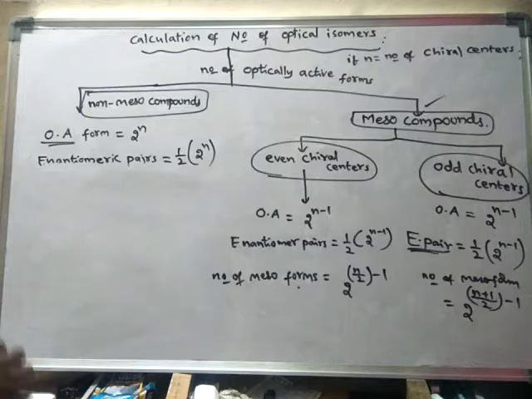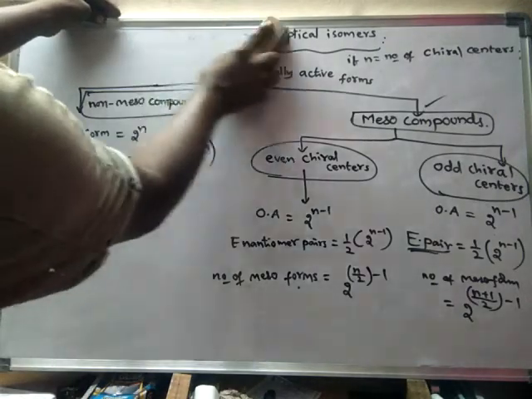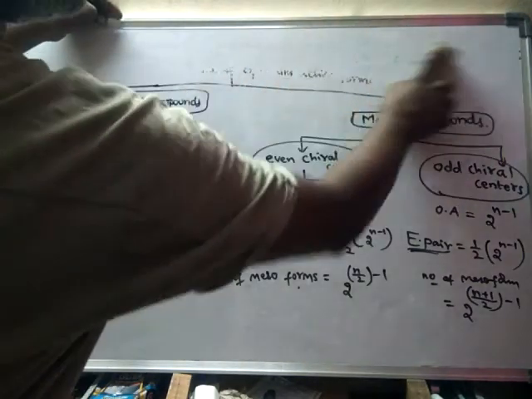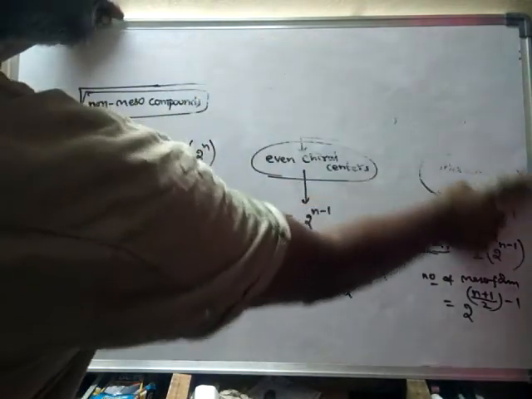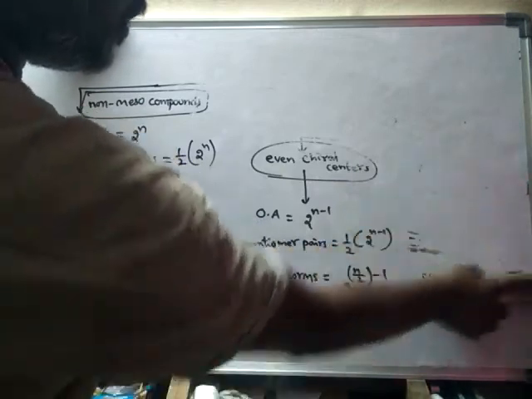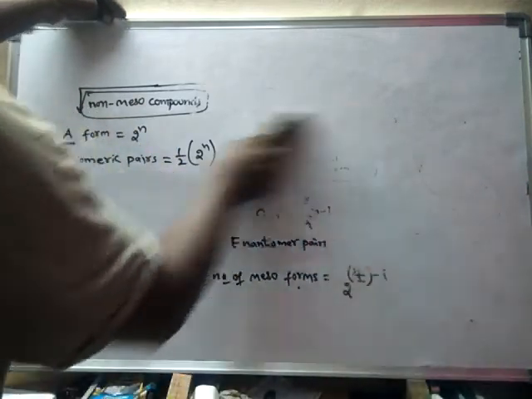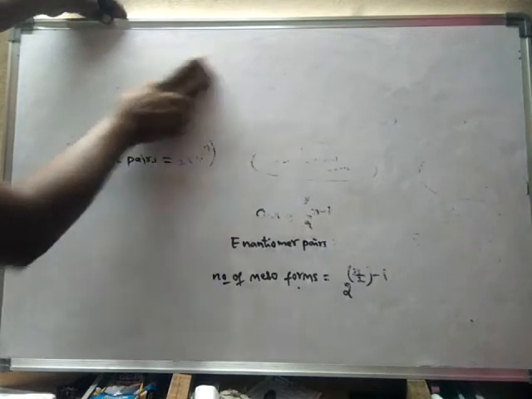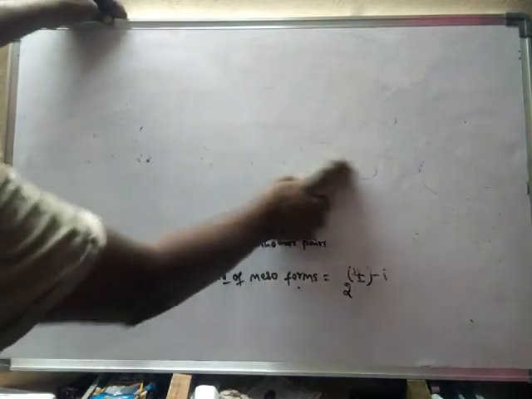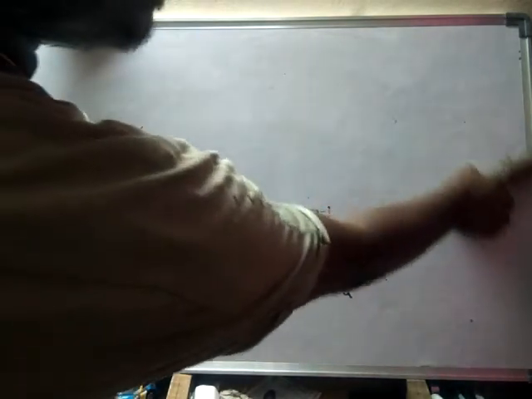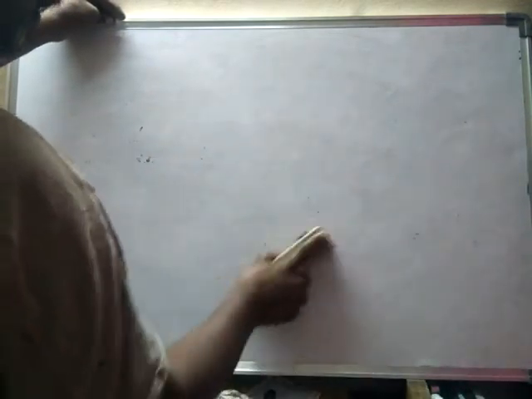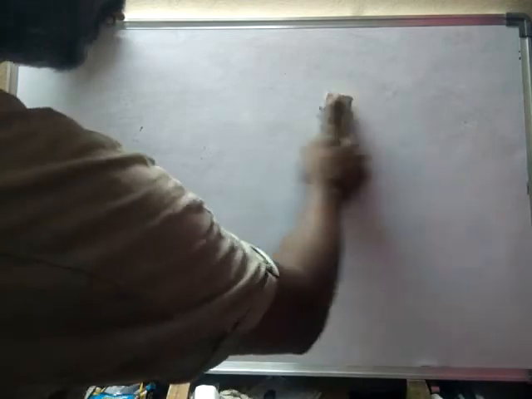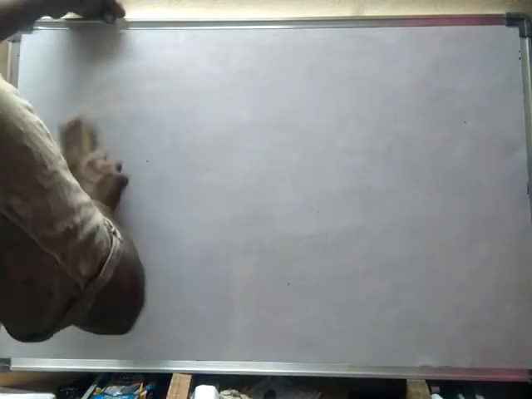Next we will learn about the DL configuration. So far we have discussed the RS configuration. Now we will discuss the DL configuration. DL configuration is also called a relative configuration. RS configuration is called an absolute configuration. What is configuration?